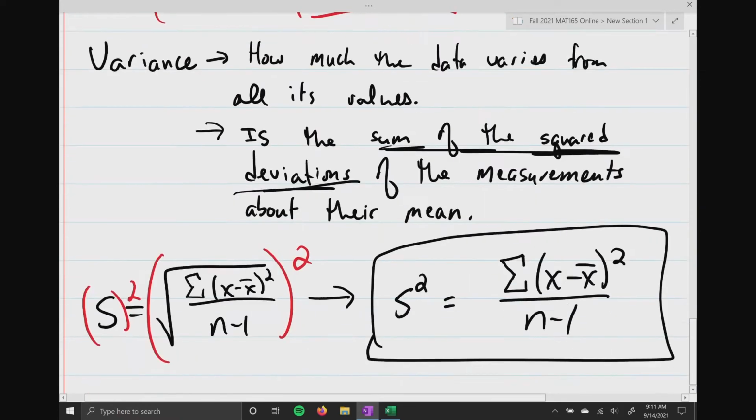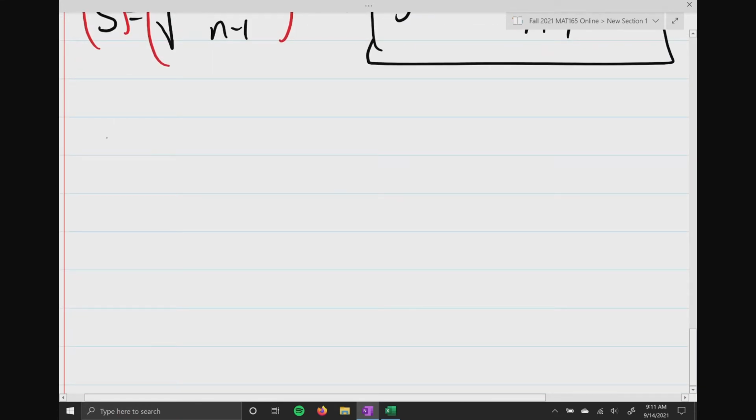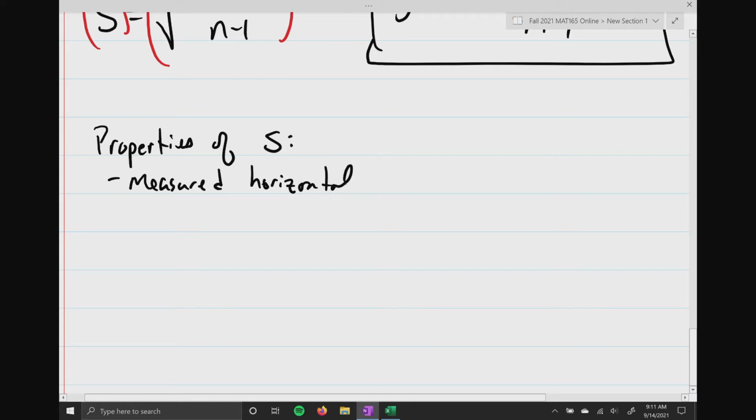Now, I do want to go over some properties of the standard deviation. Oh, let me get out my black marker again. So, properties of S. First, it's a measured horizontal distance. Once we start talking about z-scores, you're really going to see where this horizontal distance kicks in.